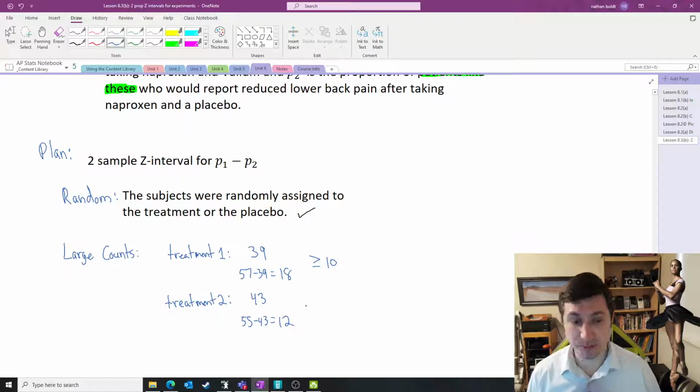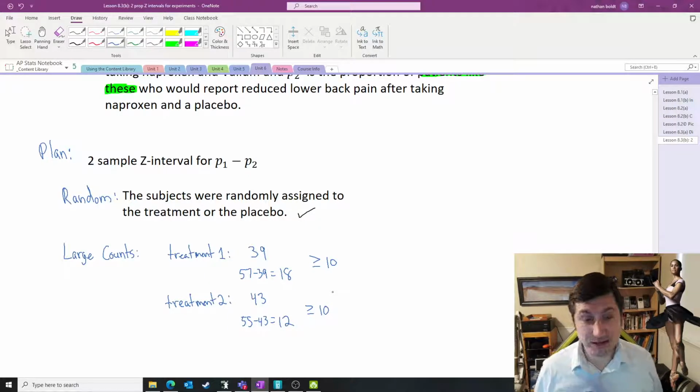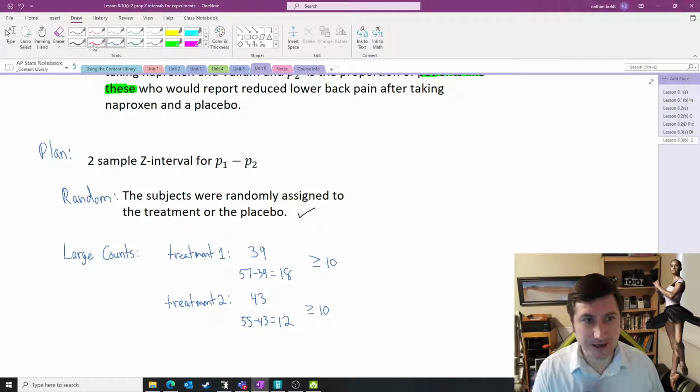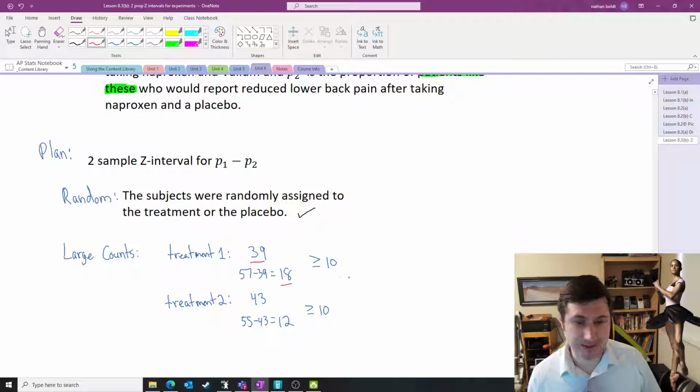Which those are both greater than or equal to 10. So remember, we're looking at successes and failures here. They didn't give us a proportion, so I don't have to do n times p. N times p would be 39, and n times q would be 18. It's just the successes and the failures. Boom. Large counts means our sampling distribution is normal.